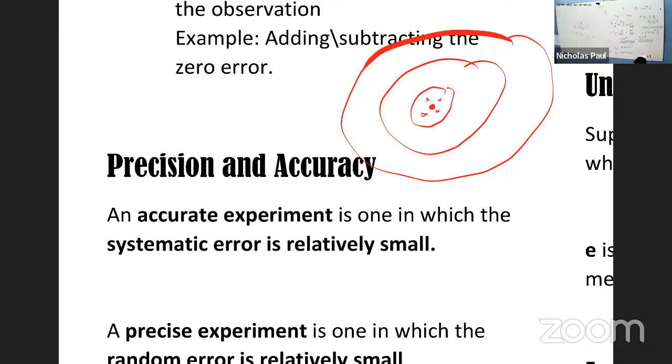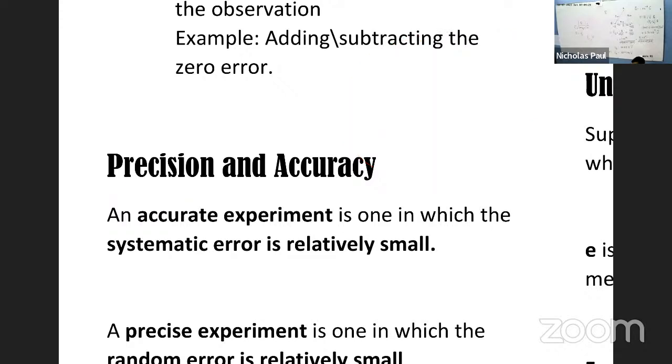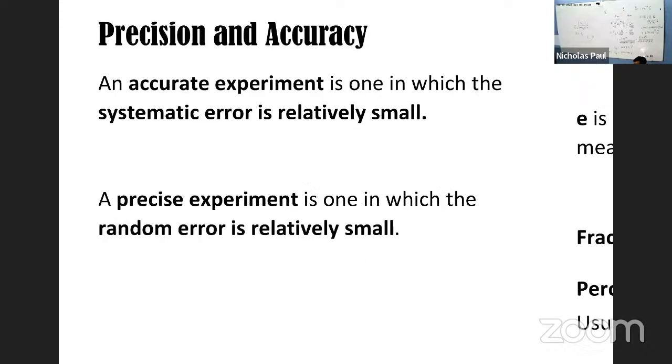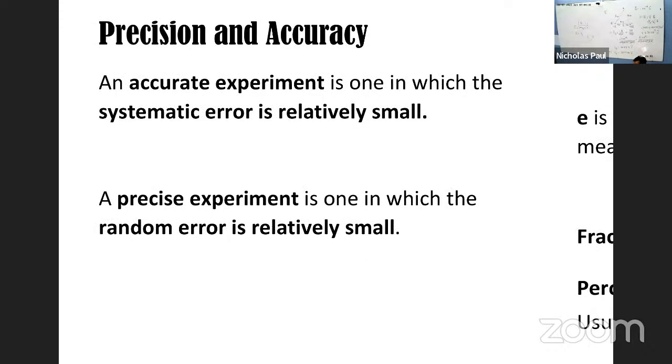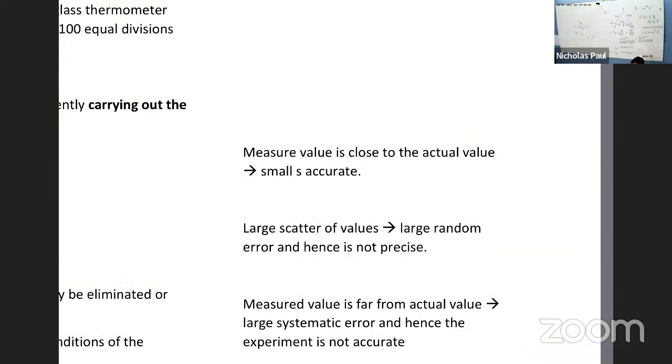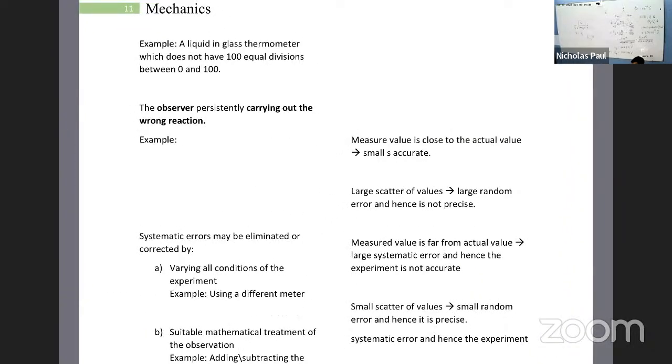If you want it to be precise, all the values just have to be close together. So an accurate experiment is one in which the systematic error is relatively small. Precise is one in which the random error is relatively small. A diagram is in here.